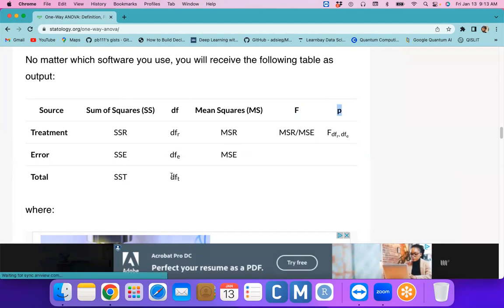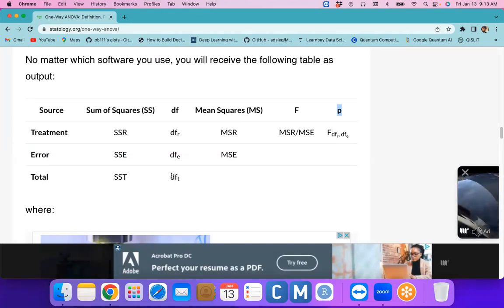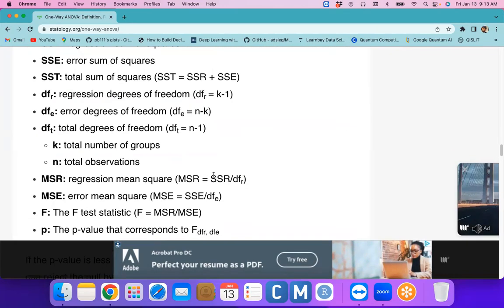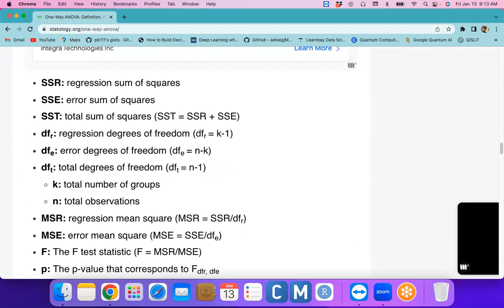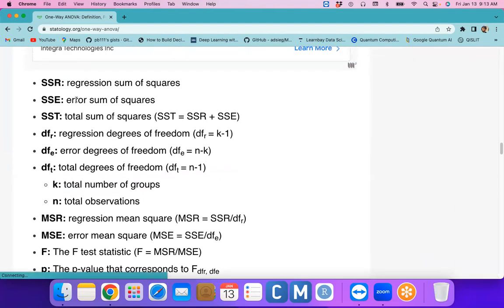Clear? One-way ANOVA looks something like this only. So SSR means regression sum of squares, SSE means error sum of squares, SST means total sum of squares, DF regression degree of freedom, error degree of freedom, total degree of freedom.